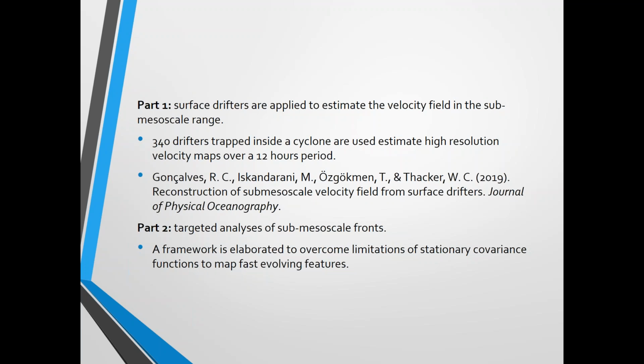And the second part, I'm going to focus on an advanced technique I used to map more complicated features when you have such strong convergences that drifters align over these convergences and we lose spatial coverage. So I'm going to show a way of overcoming this type of difficulty.